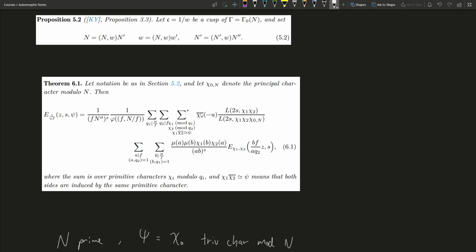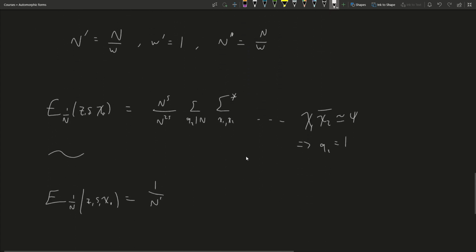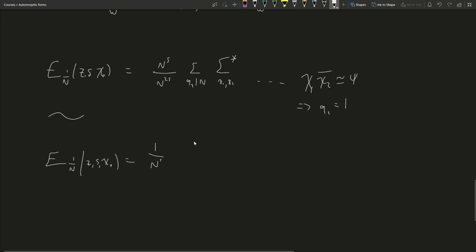And then we have the trivial character evaluating minus 1, I mean that's 1. And then, so here's the first actual thing that we get. This is the Riemann zeta function at 2s, and then in the denominator we have the Dirichlet L function, L 2s chi naught.